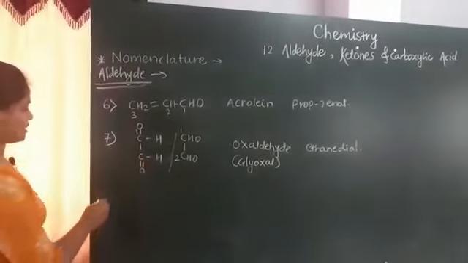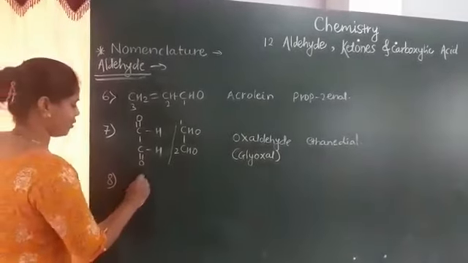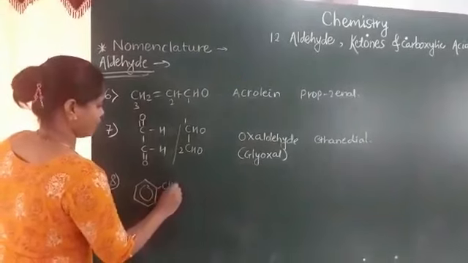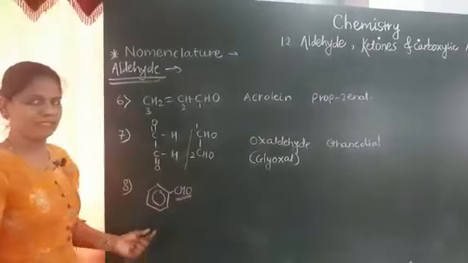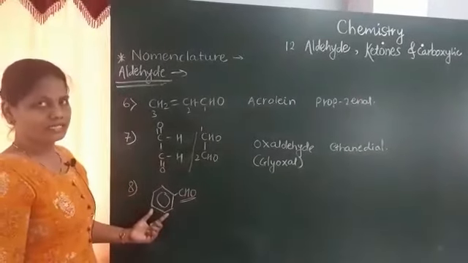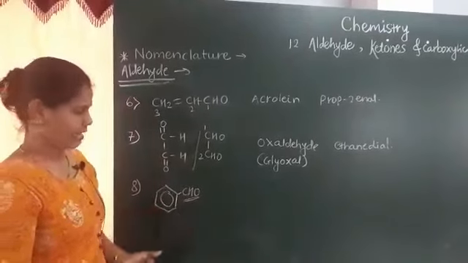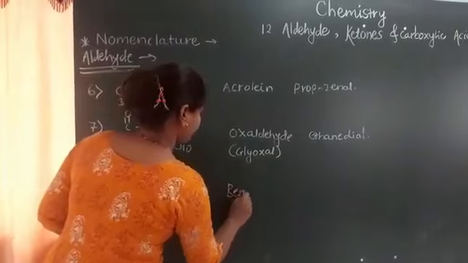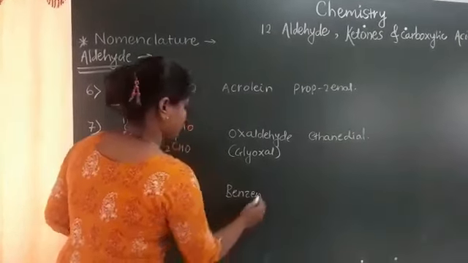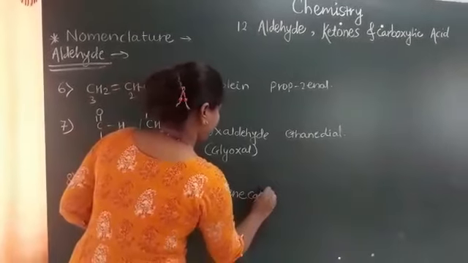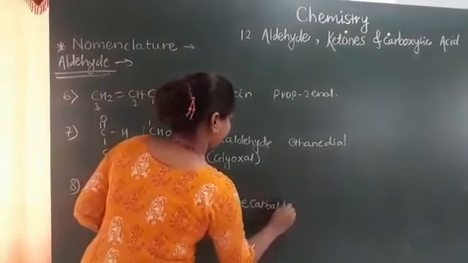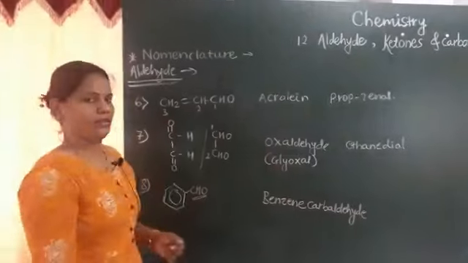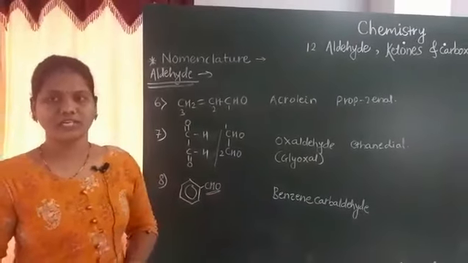Now one more example we will see, of aromatic aldehyde. Now what is an aromatic aldehyde? The CHO group or the aldehydic group directly attached to the benzene ring is an aromatic aldehyde. Its IUPAC name is benzene carbaldehyde, or just benzaldehyde also we can write it.